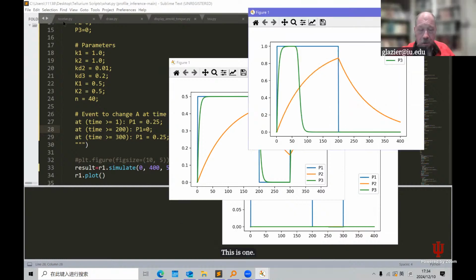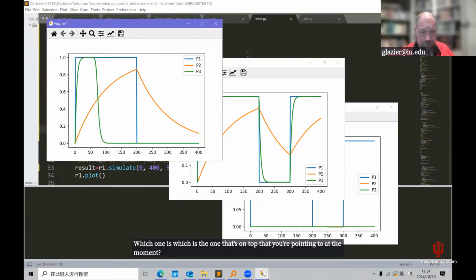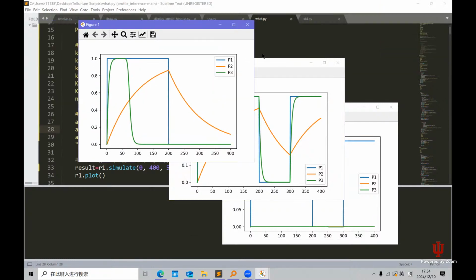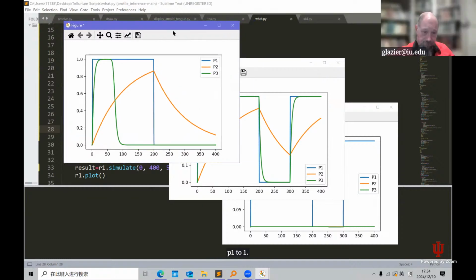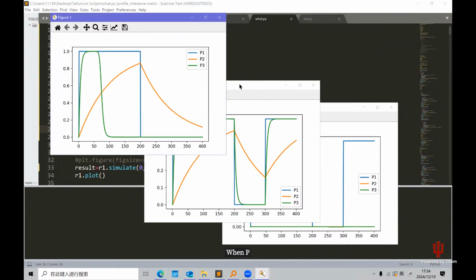So you notice that it's a little bit counterintuitive if I've understood these figures right. Which is the one on top that you're pointing to at the moment? This one is P1 equals 1. Right. So you'll notice that P3 stays on longer when P1 is smaller.